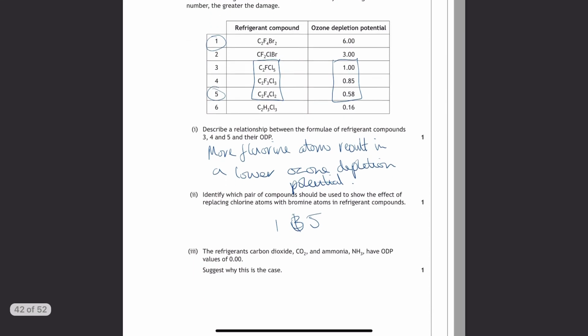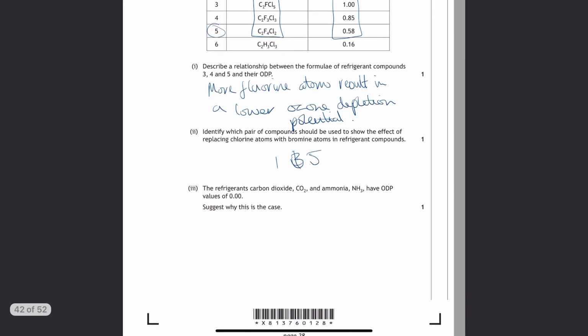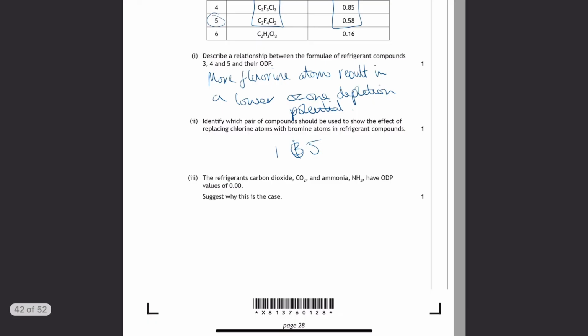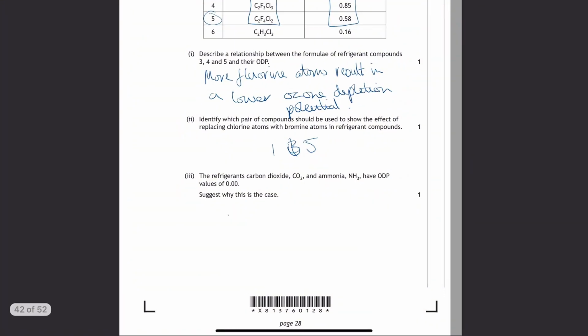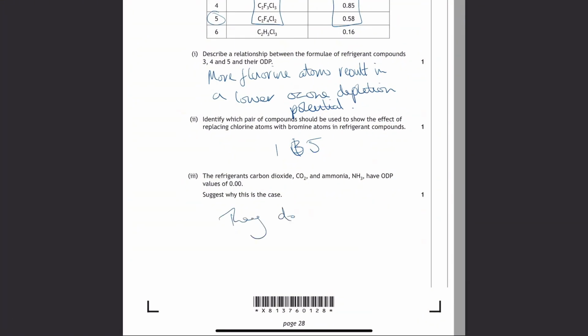So if it's got an ODP of 0, it must not damage the ozone layer. So they do not damage the ozone layer, and that's why they have an ODP of 0. So you didn't really need any prior knowledge of chemistry for this one, to be honest, which sometimes are even harder because you think that you're meant to have a knowledge of them.